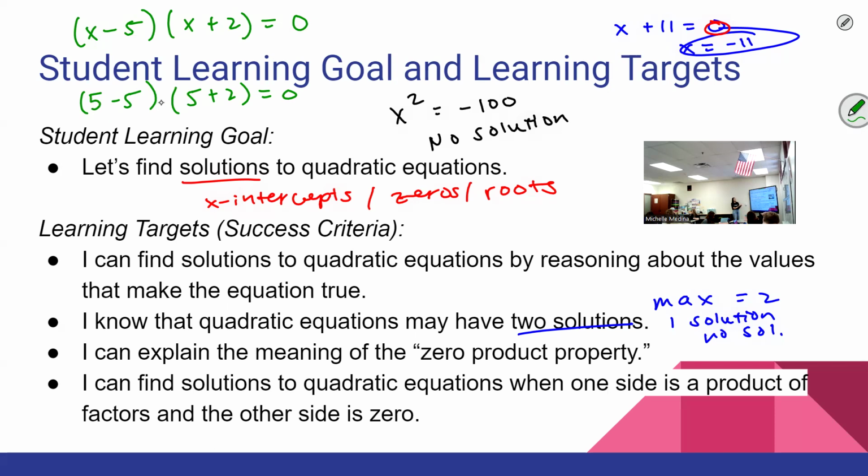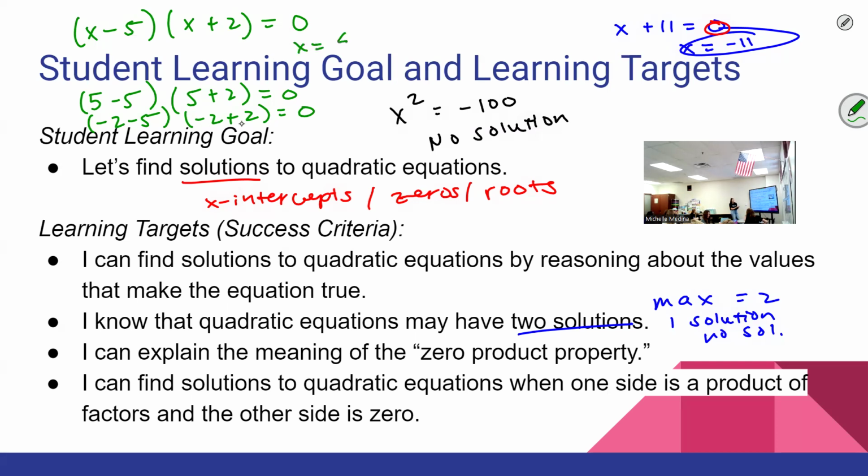It doesn't really matter what the other parentheses is, because when I multiply it, it gives me 0. And what's the other answer you said, Jaya? -2. If I put -2 into this equation, the first parentheses isn't 0, but the second one is, and anything times 0 is 0. So my answers are 5 and -2.